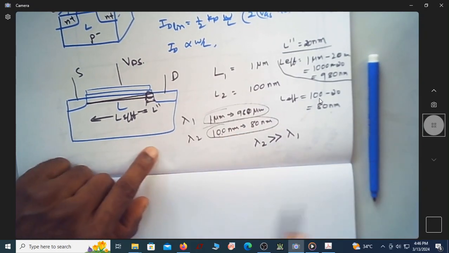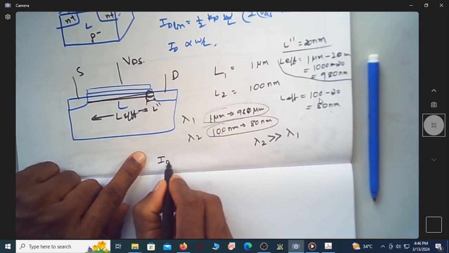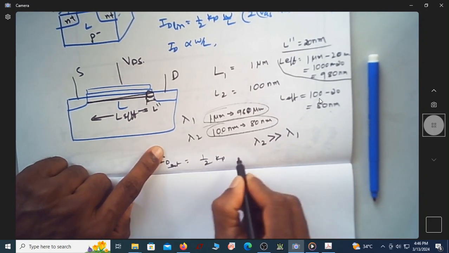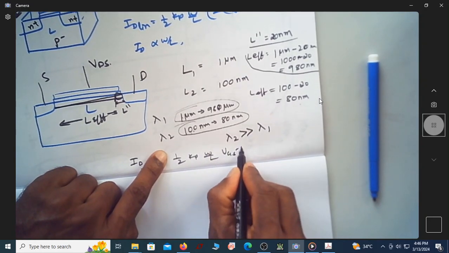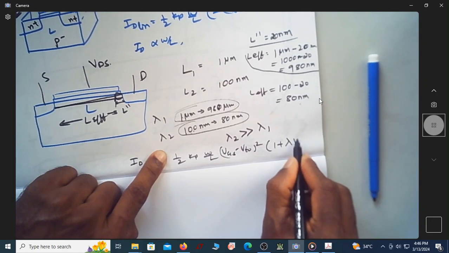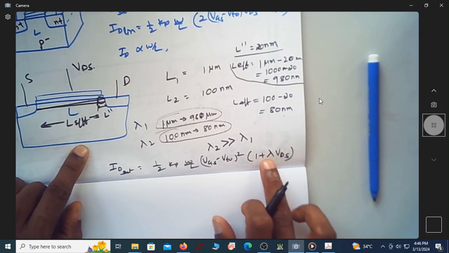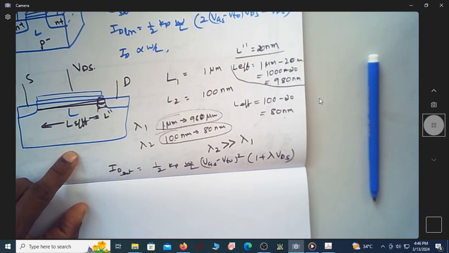Now the question is, how do we account for this in the expression of ID? Again, for ID saturation you write it as half Kp W by L times VGS minus VTO whole square times 1 plus lambda VDS. So this is the effect of channel length modulation incorporated in the drain current expression.